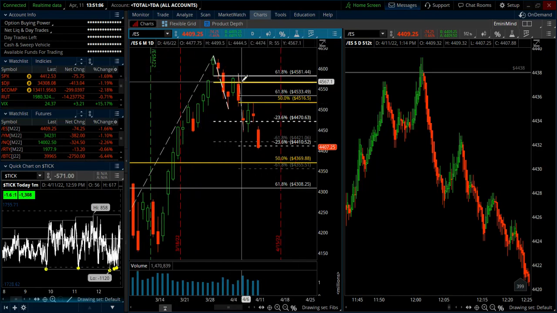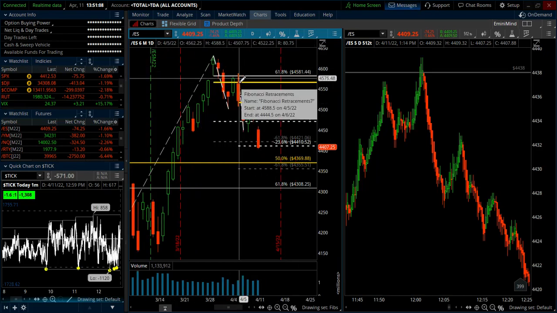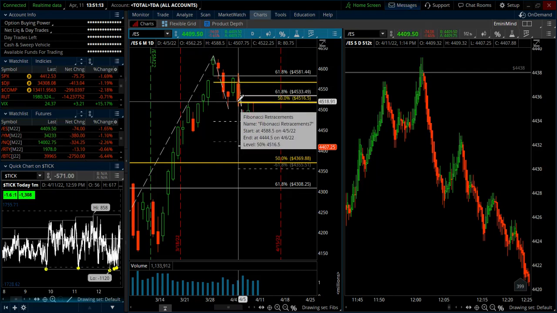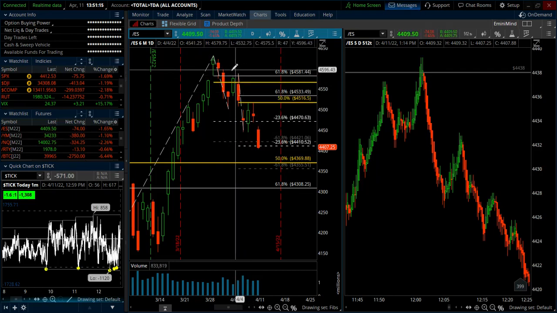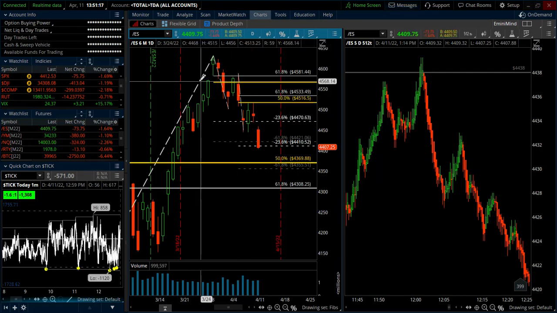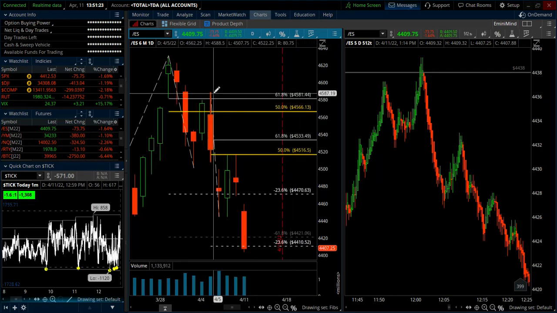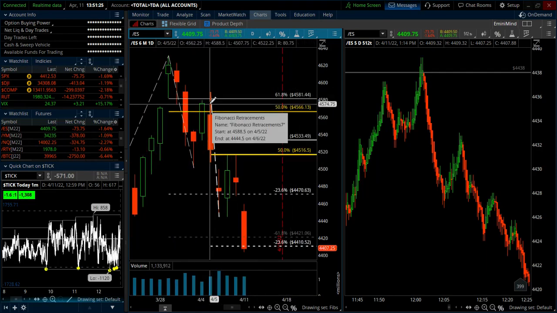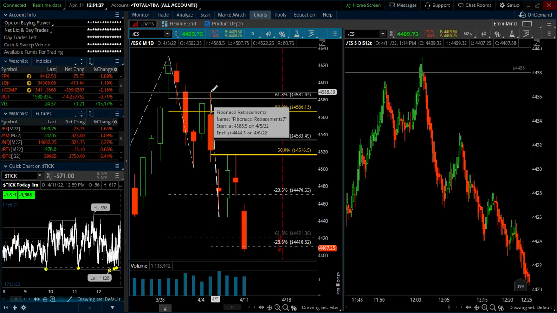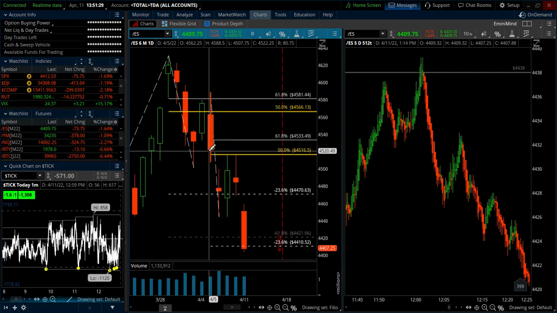The other thing about the daily bars is that if you wait for a close of the candle to break the 61.8 as your failure, it's a more concrete price break. Like over here on the intraday, we broke the 61.8, but then we closed way down here.